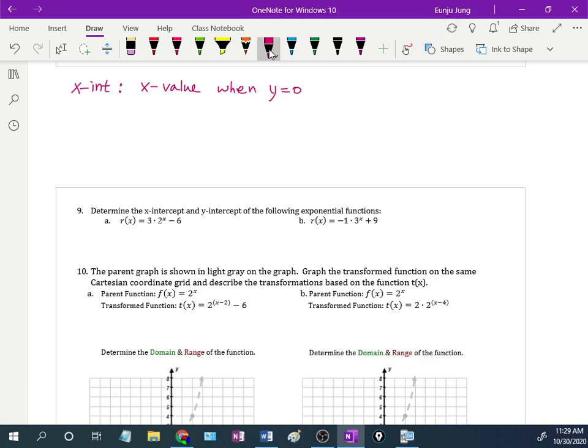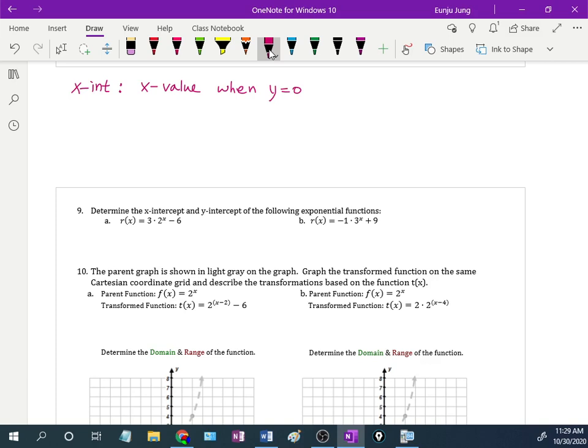If I graph it, I can see x-intercept on the x-axis. So the point that cuts through the x-axis is called x-intercept. Intercept means cut through.